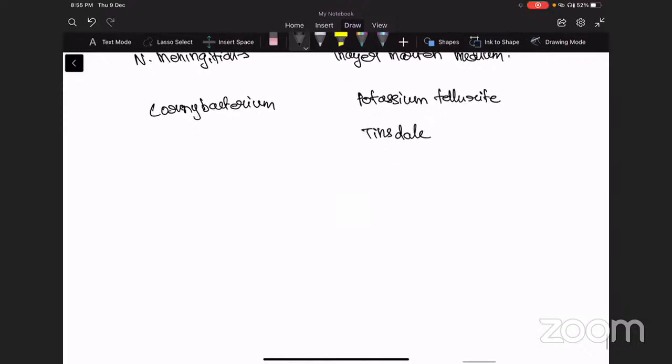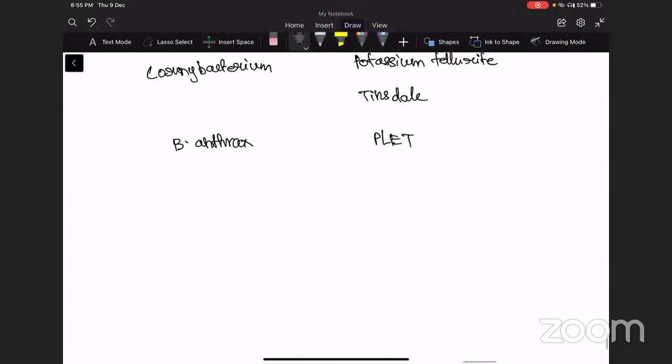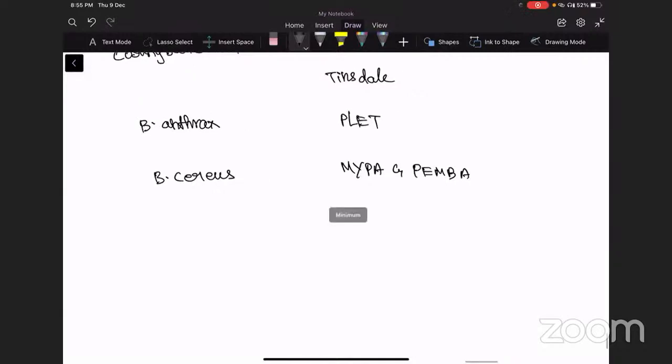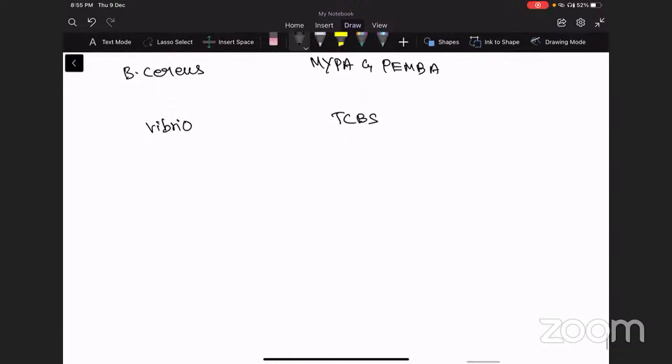Loeffler's serum slope and Hoyle's medium are for Corynebacterium. Bacillus anthracis: we have the PLET medium. Bacillus cereus: MYPA and PEMBA agar. Vibrio: TCBS.